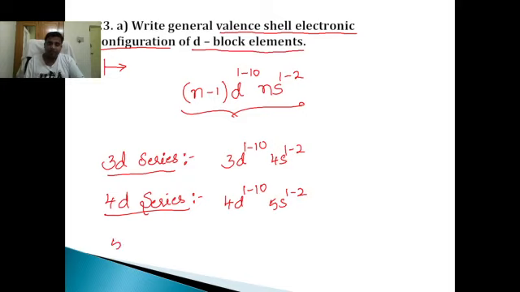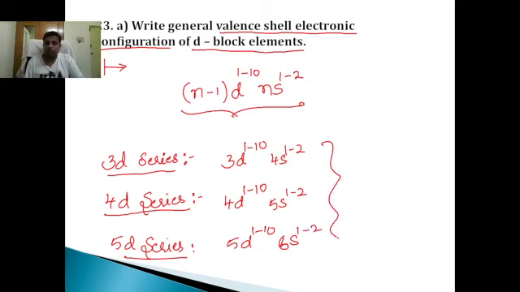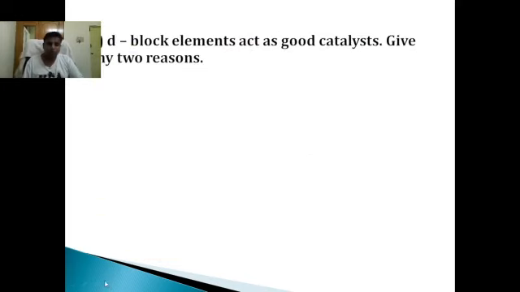Like that for the 5d series, it is 5d1-10 6s1-2. This is how it goes. But the general valence shell electronic configuration of d block elements is (n-1)d1-10 ns1-2. Simple, 1 mark question.